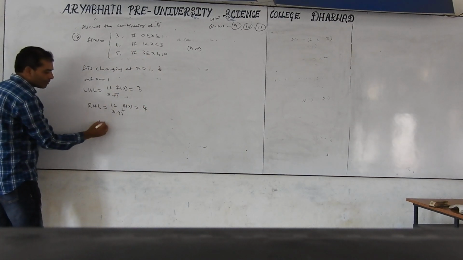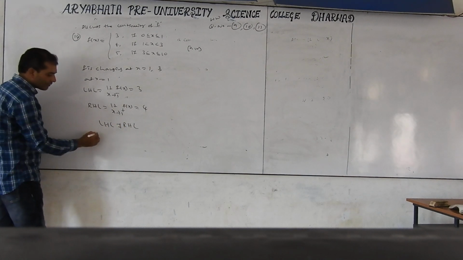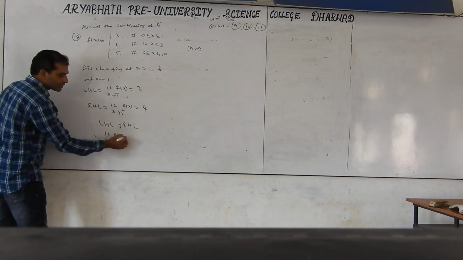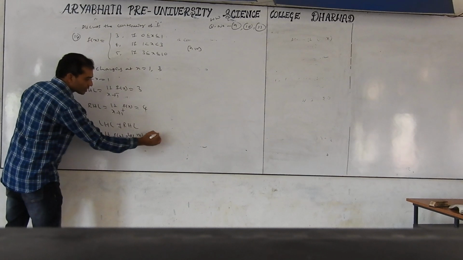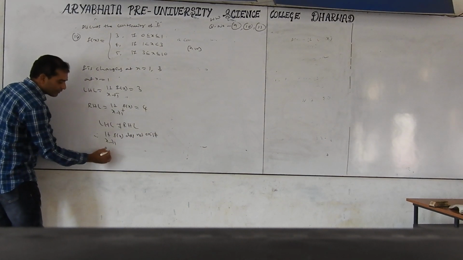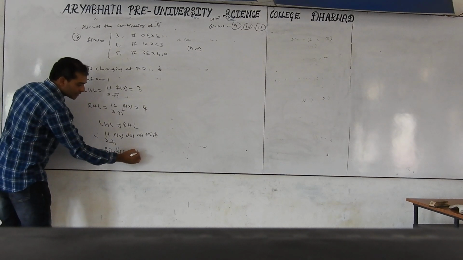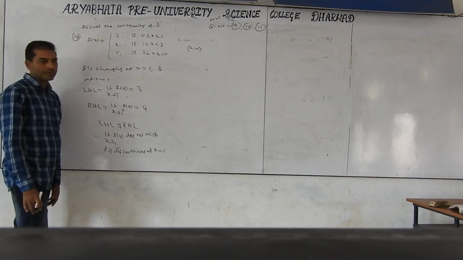See, left limit is not equal to right limit. Therefore, limit x tends to 1 of f of x does not exist. Therefore, f is discontinuous at x equal to 1.